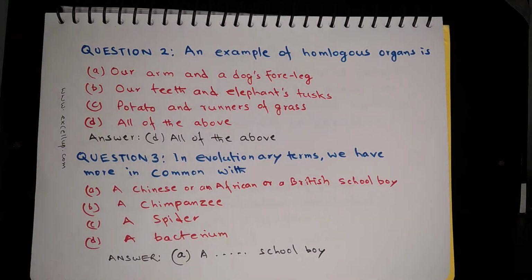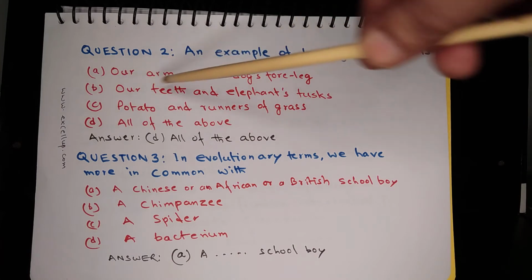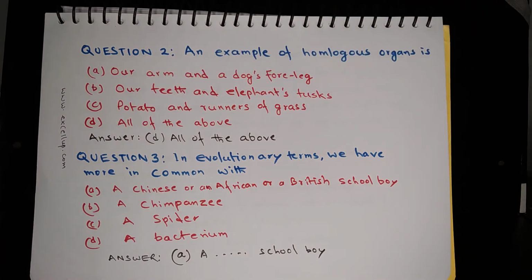Question 2. An example of homologous organs is: option A, our arms and a dog's foreleg; B, our teeth and elephant's tusks; C, potato and runners of grass. So our arm and a dog's foreleg have the same basic design, the same set of bones.